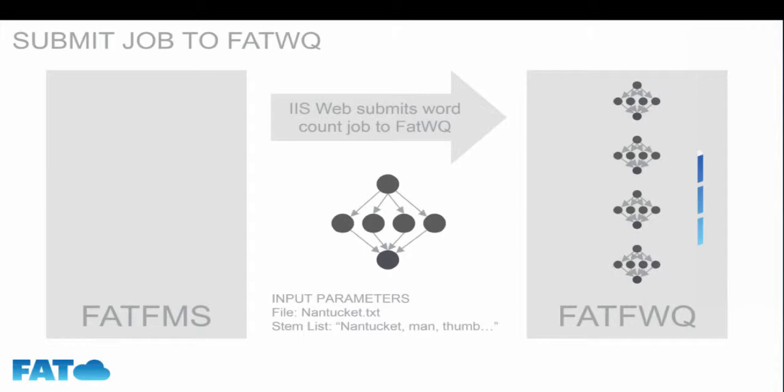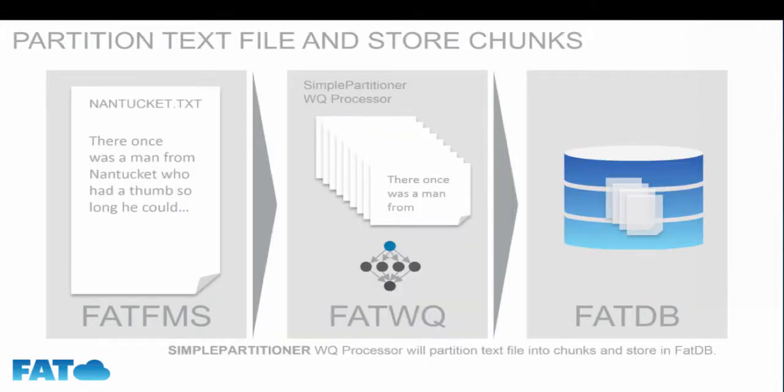Now, the next step is actually the partitioning. This is where we start the heavy lifting for doing this process. So we take the input file, we chunk it up into bits and pieces, and then we store those bits and pieces into FatDB.